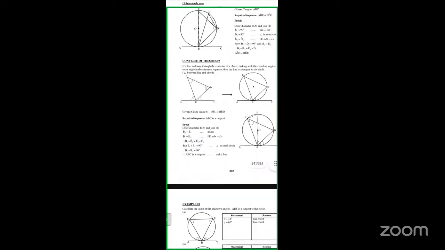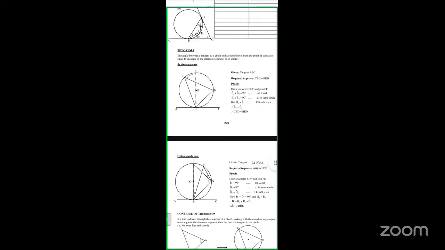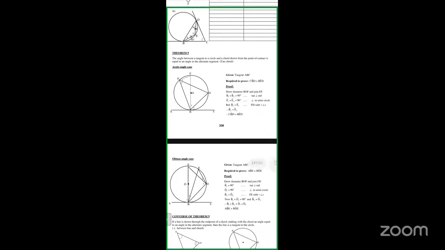Yes, it is. So this theorem 9 is saying the angle between the tangent to a circle and a chord drawn from the point of contact is equal to the angle in the alternate segment. In short, it's the tan chord theorem. If you said angle X is equal to angle A1, your reasoning can be just tan chord theorem.